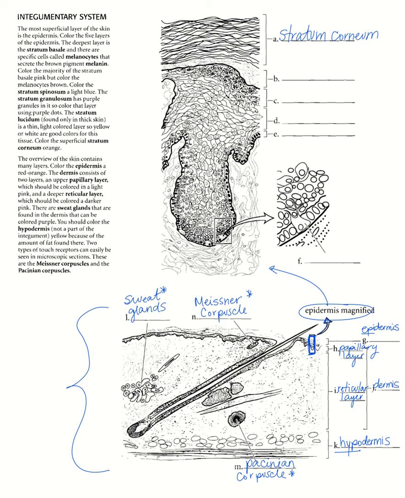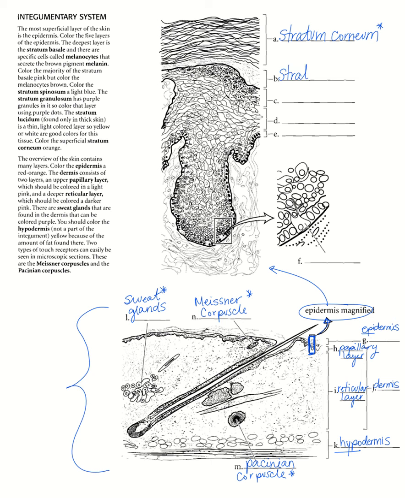Okay, this is the layer that, as it is on the surface, when you have dry skin or skin cells that are ready to slough off of you, they're going to come from that stratum corneum and then be replaced by these cells in the next layer, the stratum lucidum.